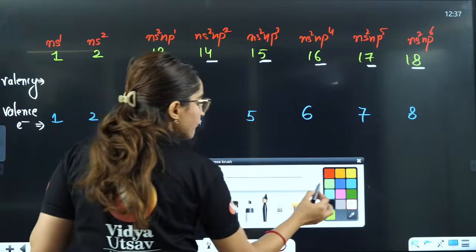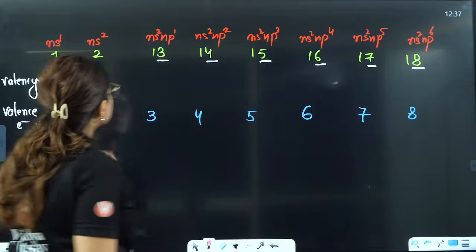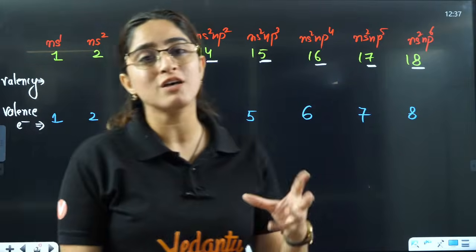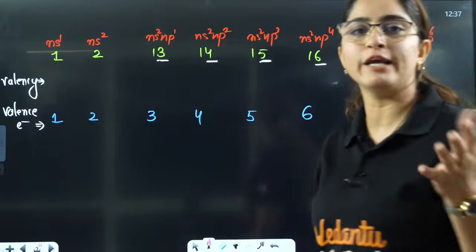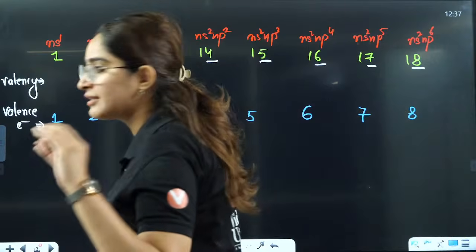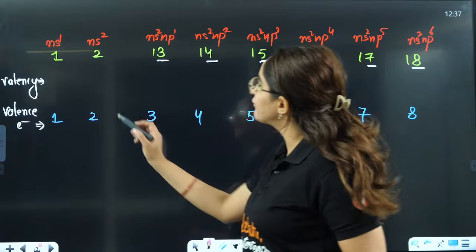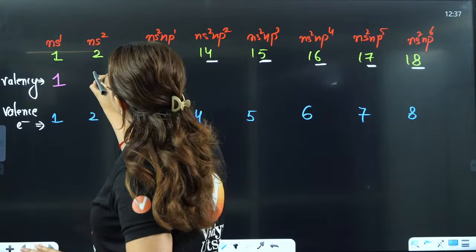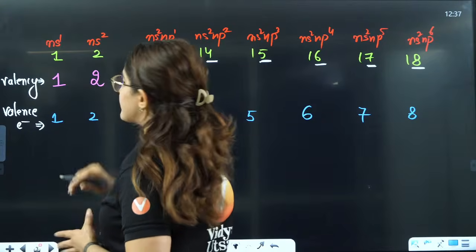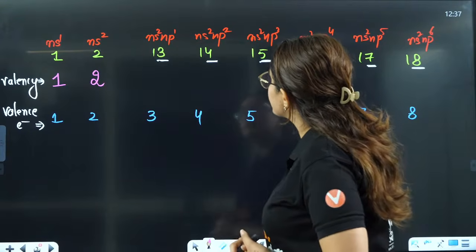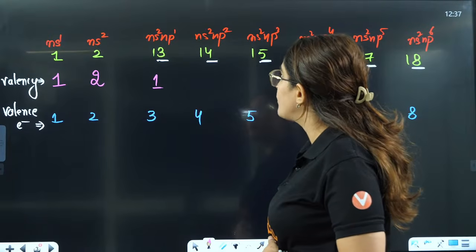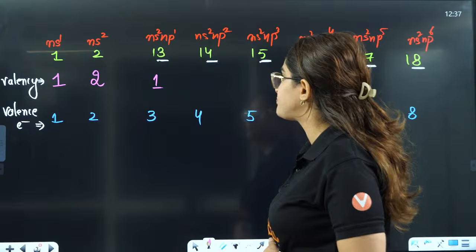Now, what is the valency? Valency means the number of electrons gained or lost to be in a fully octet state. So here it will lose 1 electron, so valency will be 1. It will lose 2 electrons here, so valency will be 2. Here it is going to lose 1 electron, only then it will be ns2.